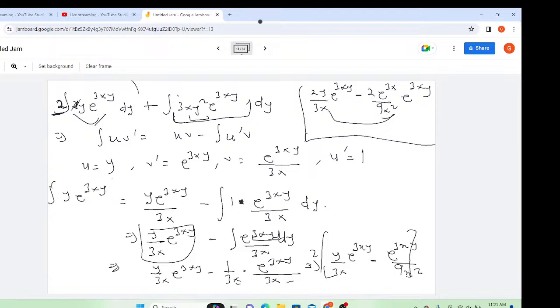This tells us that in differential equations, you have to be very expert in your integration, otherwise you struggle a lot. So we have this for this part. Let's keep it safe somewhere here.